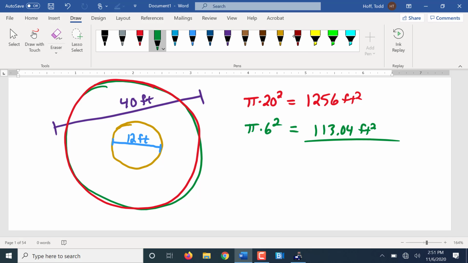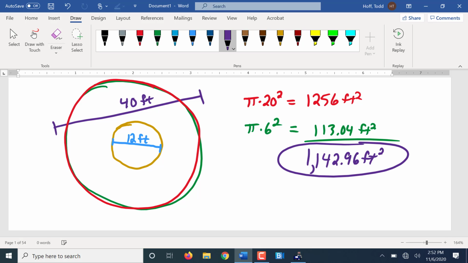We subtract to give us a total of 1,142.96 square feet.